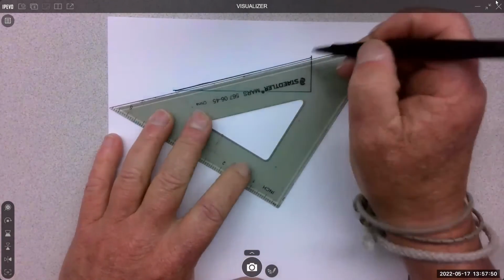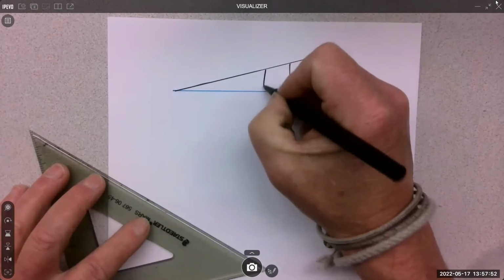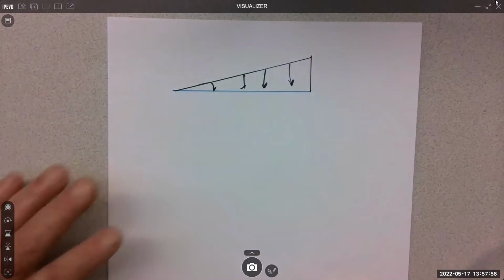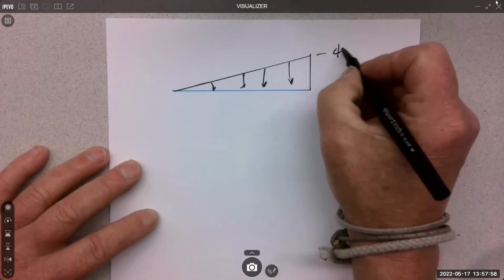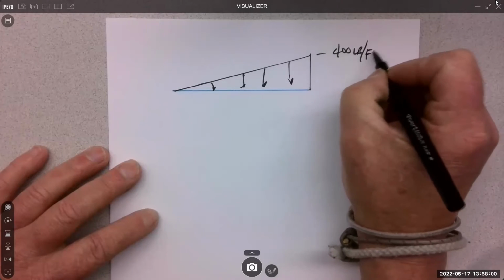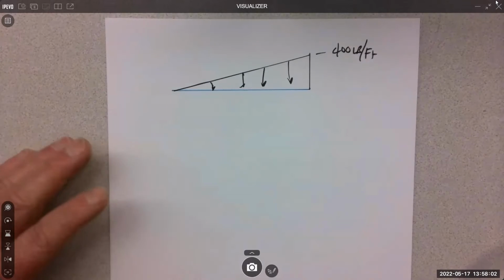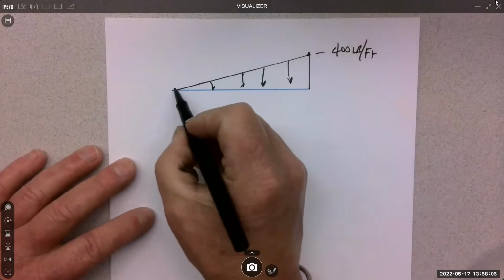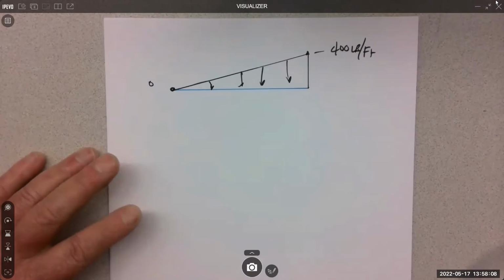That's what gives us these kind of loads, typically. Snow drift. You can simplify them by a triangle. I'll say it's 400 pounds per foot. And the way the load curve works is it goes from 400 pounds per foot down to 0, nothing at this end.